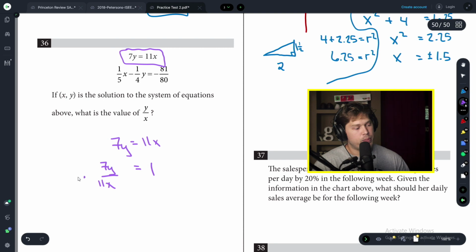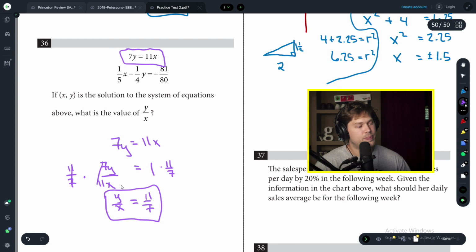Then we can multiply both sides by 11/7, and everything cancels, and we're left with y over x equals 11/7. So our answer is 11/7.